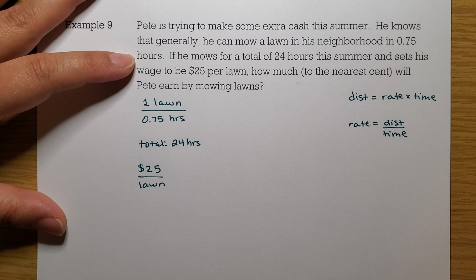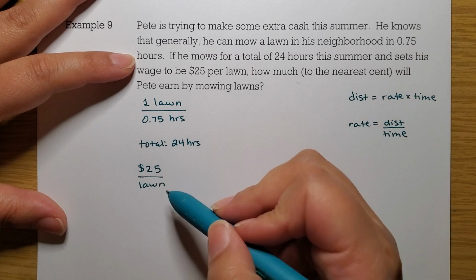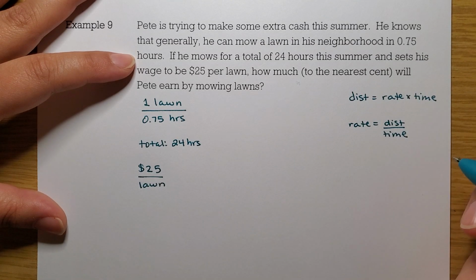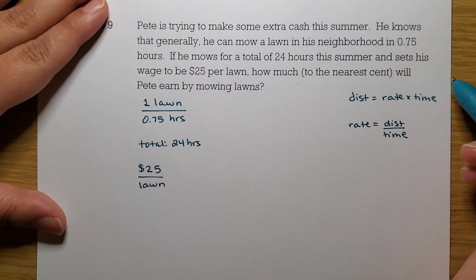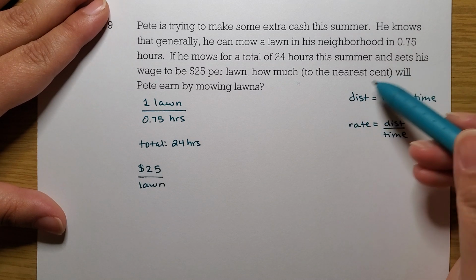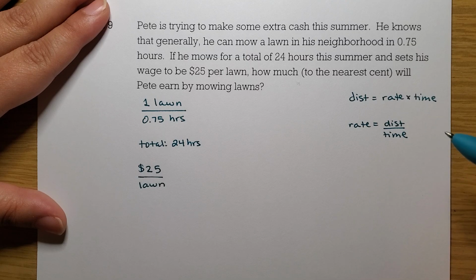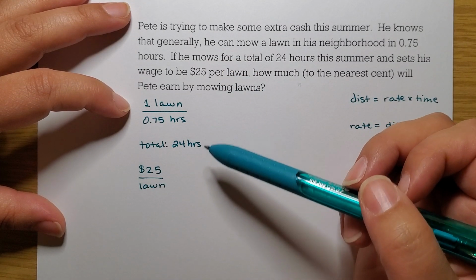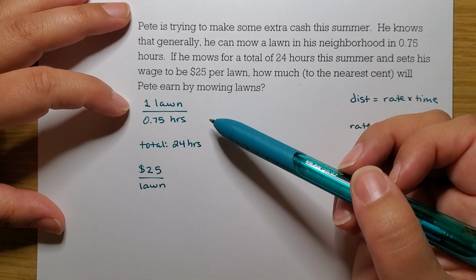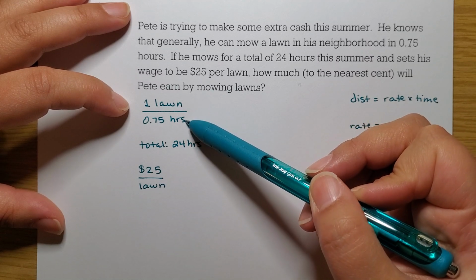So let's figure out first how many lawns he mows. Because if I know how many lawns he mowed this summer, then I can figure out how much money he's going to make. So I have my formulas here of distance, rate, and time. But notice that instead of miles per hour, I have lawns per hour.